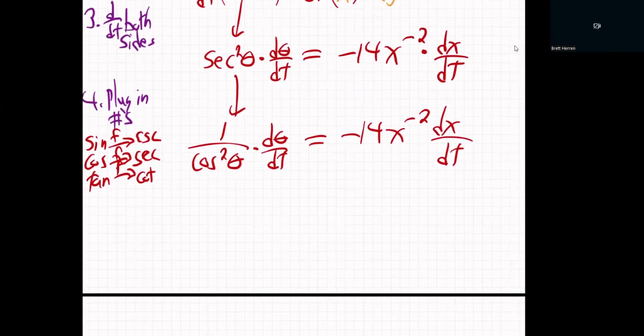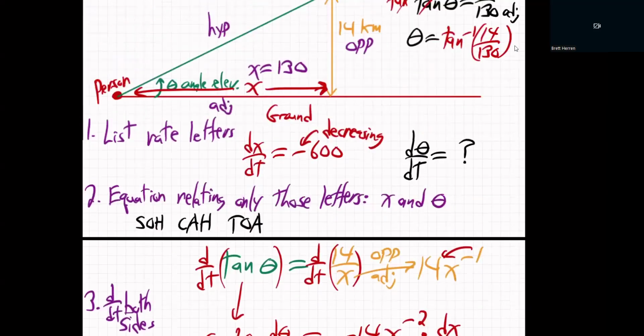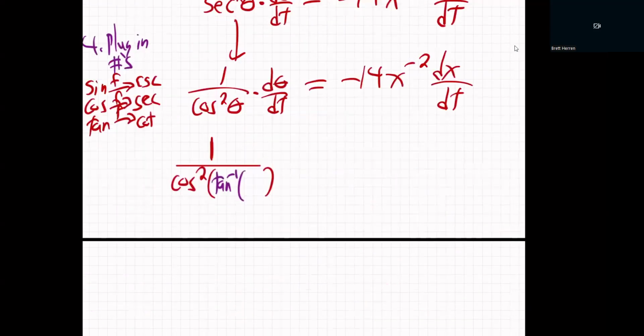So this is 1 over cosine squared of, and what's theta? Well, it's tan inverse of 14 over 130, like that. It's a little weird, isn't it? But that's correct, because that's what theta is. Theta is tan inverse 14 over 130.